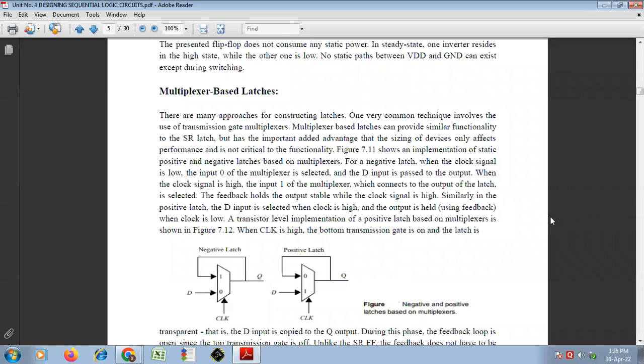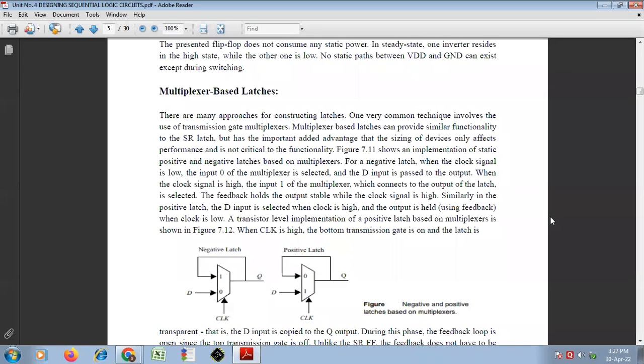Now, what is a transmission gate, or in other language, what are we calling a transmission gate? Pass transistor. It is one and the same. So multiplexer using transmission gate or pass transistor is one of the very common techniques to construct the latches using multiplexer.